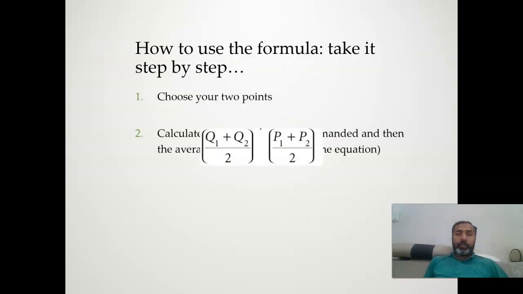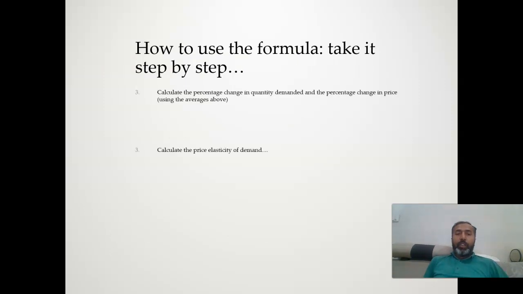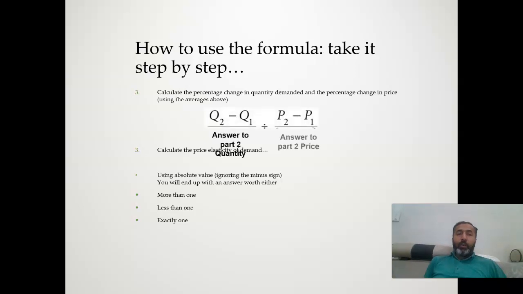Now when we have calculated the percentage change in price and percentage change in quantity demanded, and we have divided the percentage change in quantity demanded over percentage change in price, our answer can be more than 1, less than 1, or exactly 1. So we will ignore the sign because PED, at least in most cases, will be negative because of the inverse relationship between price and quantity demanded.